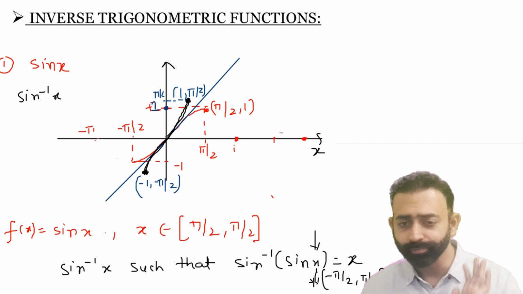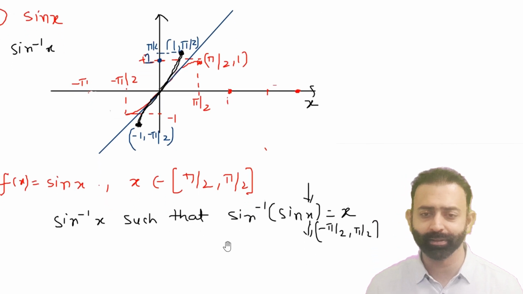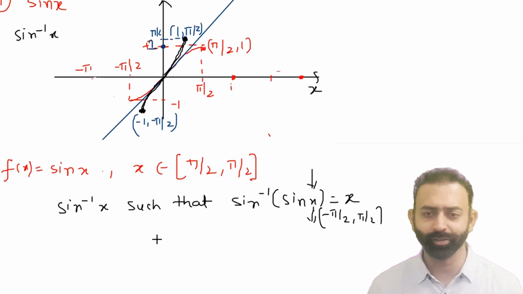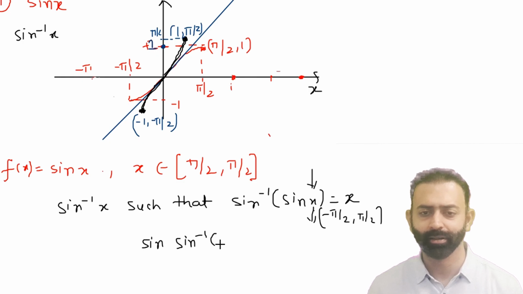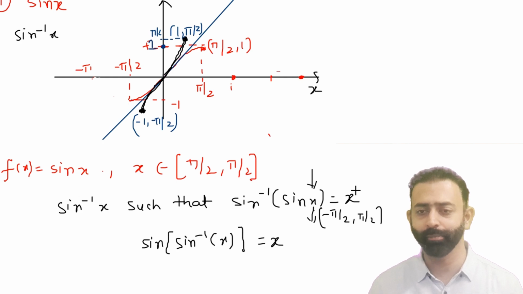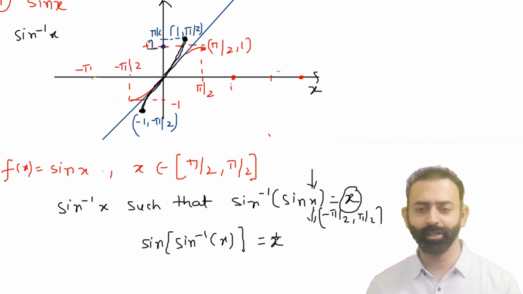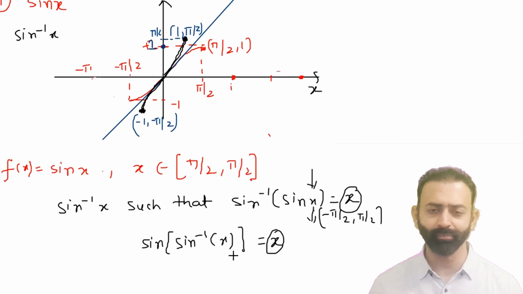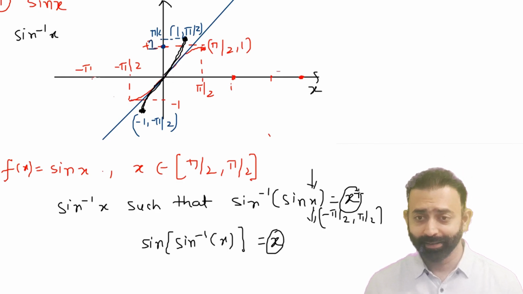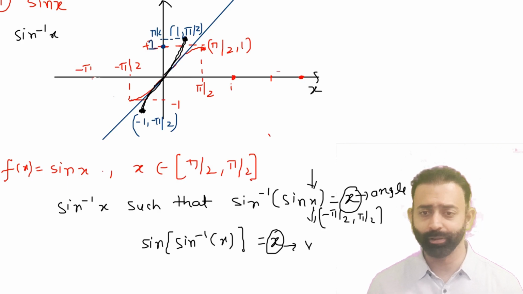For now, the other side is also possible: sine of sine inverse x is also equal to x. But remember, this x is different from that x. In one, x is the angle, but in the other, x is the value of sine.